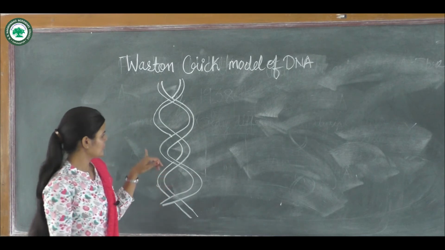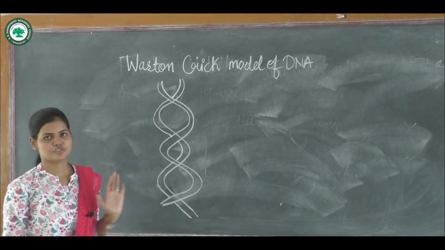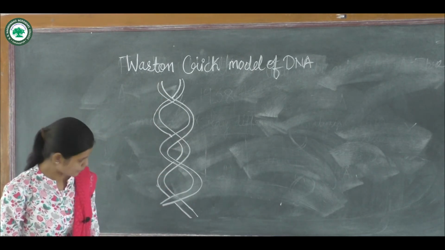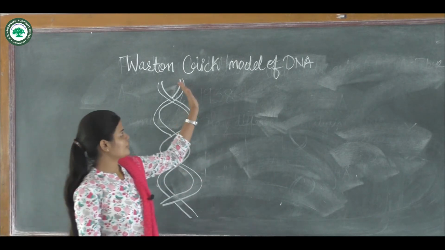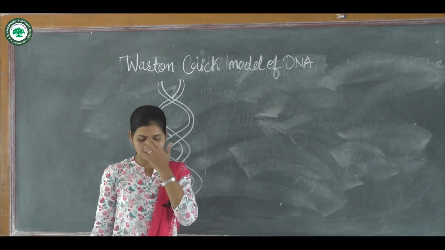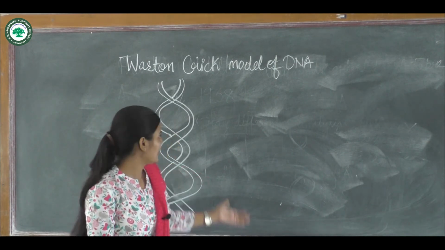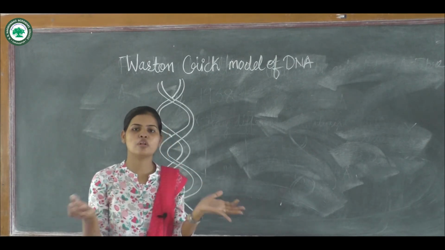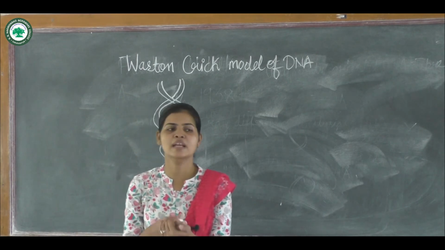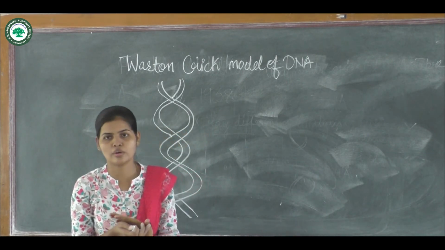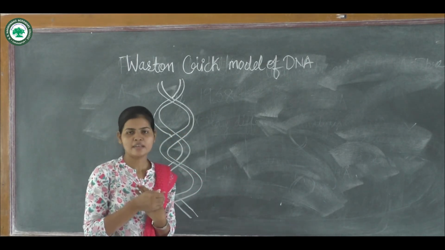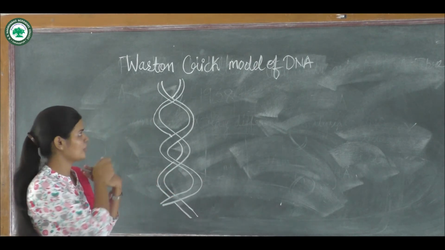So this is the double helical structure of DNA. Now in this Watson and Crick model of DNA, what are the things they have told? They combined the work of all the scientists, Franklin, then Chargaff, Wilkins, and they proposed this model of DNA.